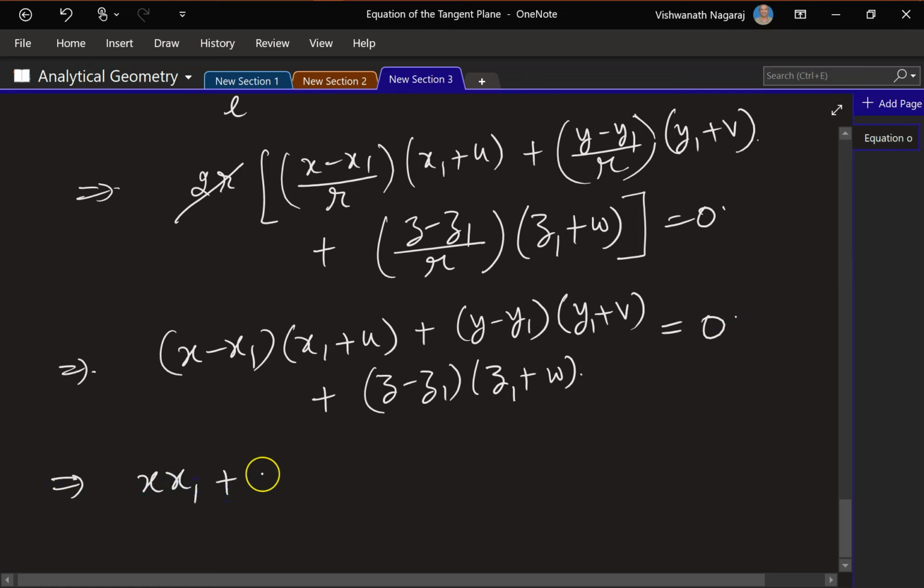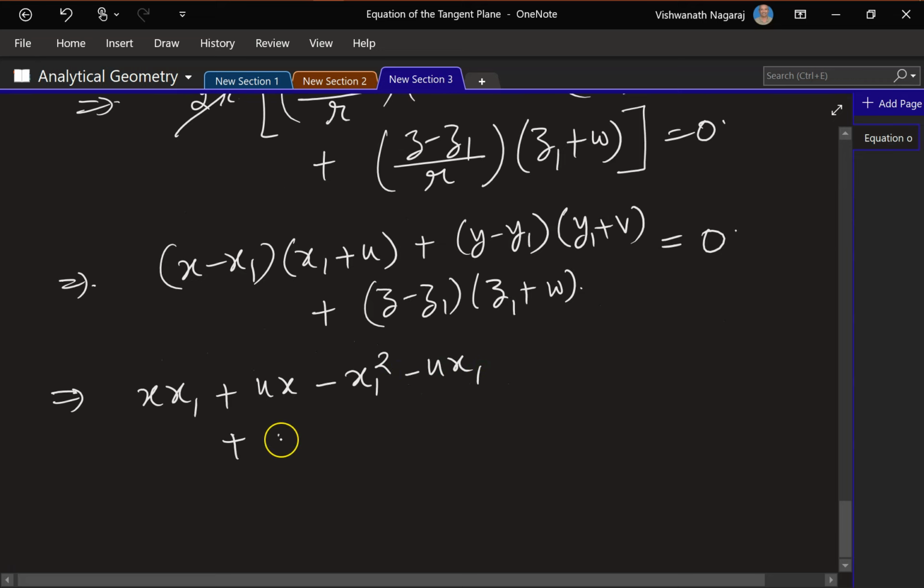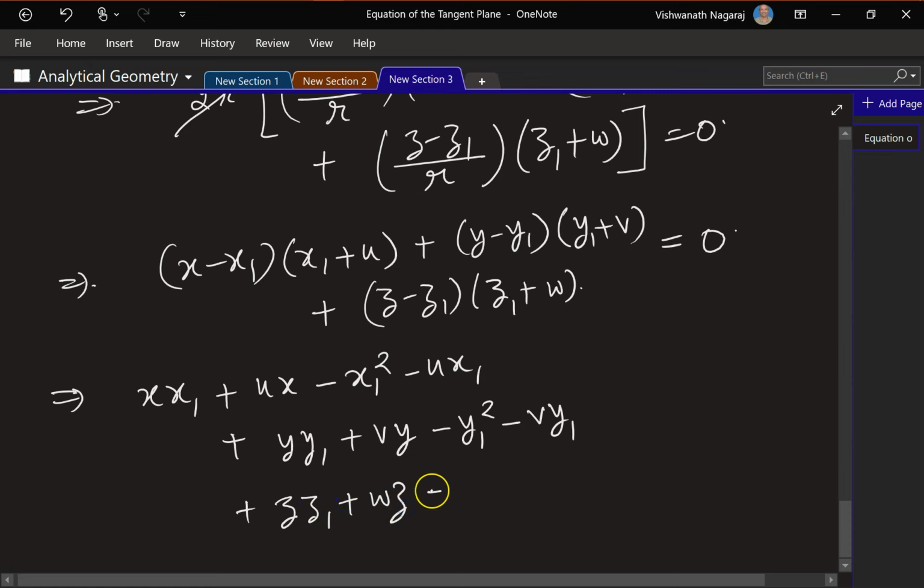x x1 plus ux minus x1 square minus ux1, plus y y1 plus vy minus y1 square minus vy1, plus z z1 plus wz minus z1 square minus wz1 equal to 0.